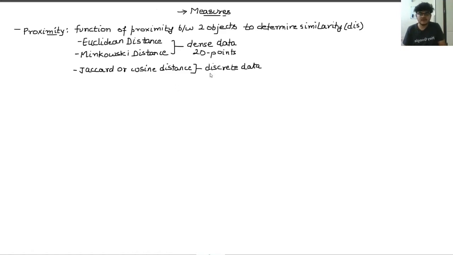Discrete data, or we can also say sparse data. Not discrete, it should be sparse data. An example is documents. So these are the proximity measures that we have.